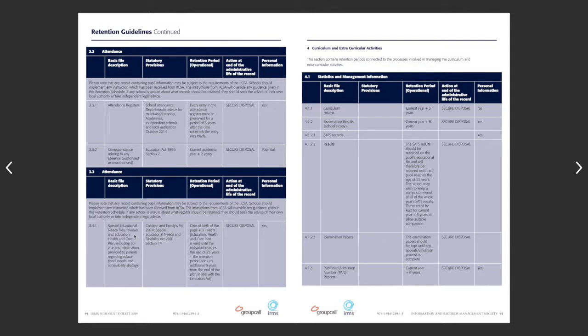until they are 31. So, to recap, primary schools, you must pass on everything to the secondary school or to another primary school if they move. Secondary schools, that applies to you as well. You must pass on the whole of their file to another secondary school if they move during that time.